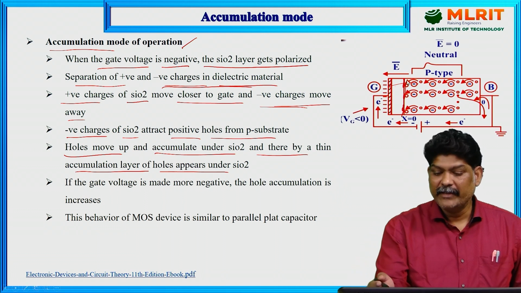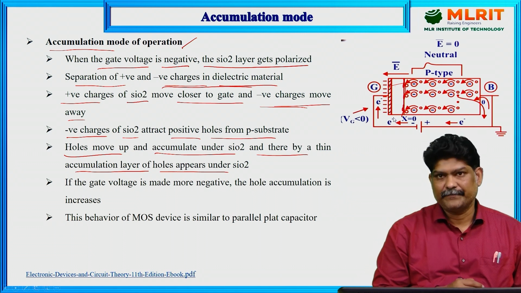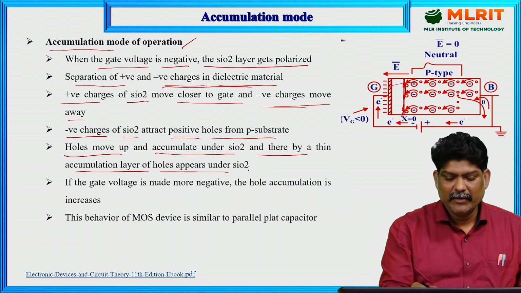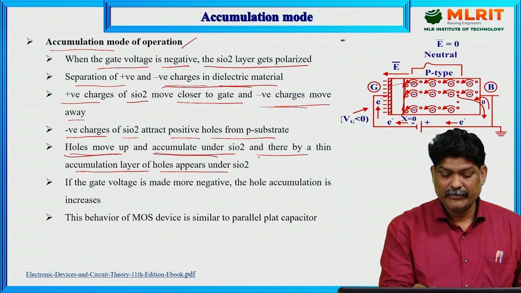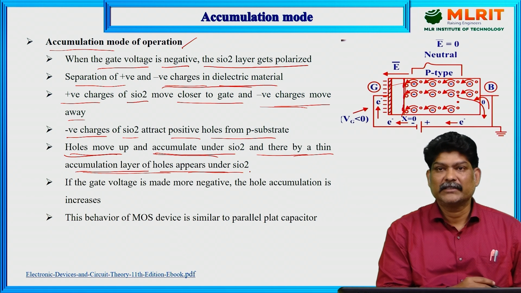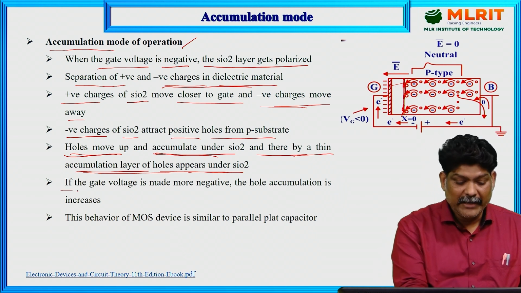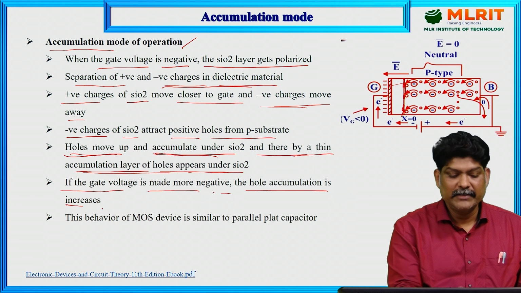In between the gate and the p-type semiconducting material, the SiO2 layer is there. If the gate voltage is made more negative, hole accumulation increases.